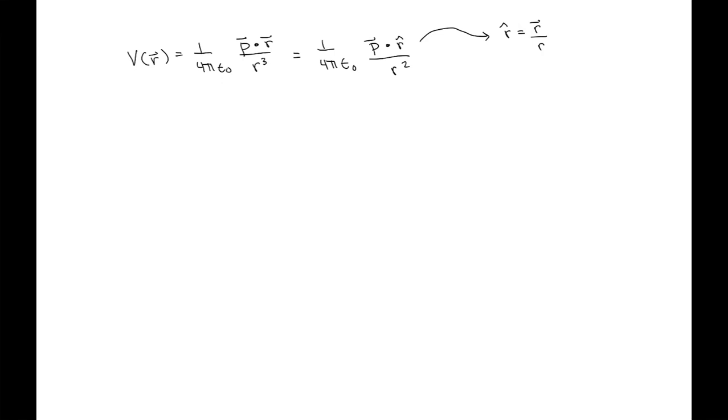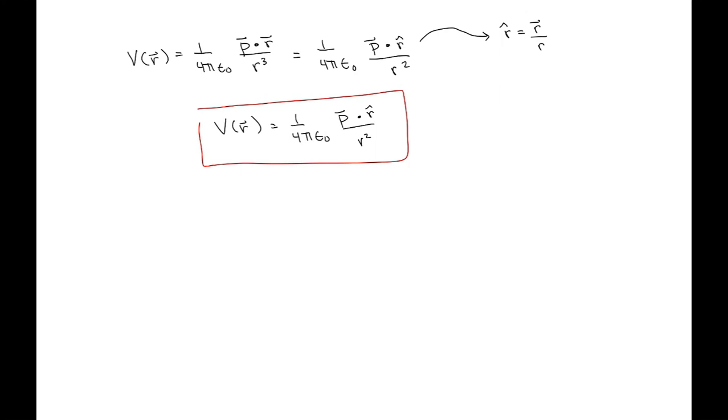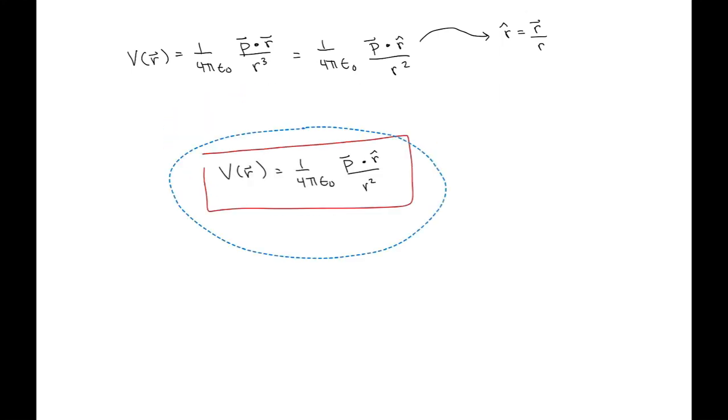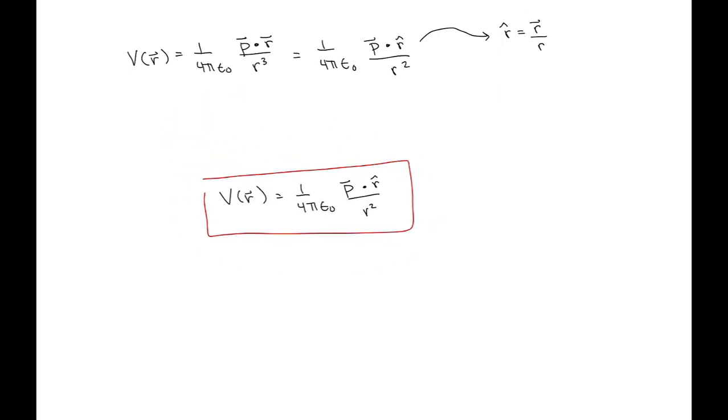So that gives us one more way to write our potential of a dipole consisting of two different charges. But this is a little bit of a special case. I just want to remind you, this is a dipole consisting of two charges, and this is when r is much, much greater than d.